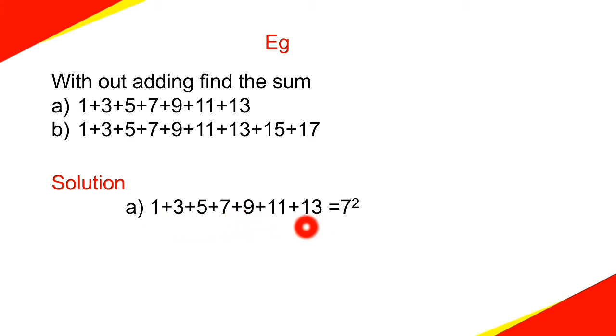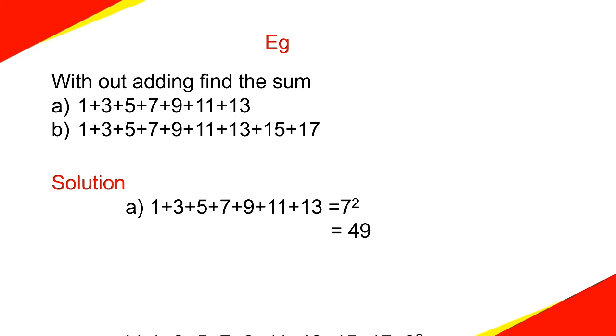Count: 1, 2, 3, 4, 5, 6 and 7. So according to the property, the sum is n squared, which means 7 squared. 7 squared is 49. I think you got how we have to solve this.